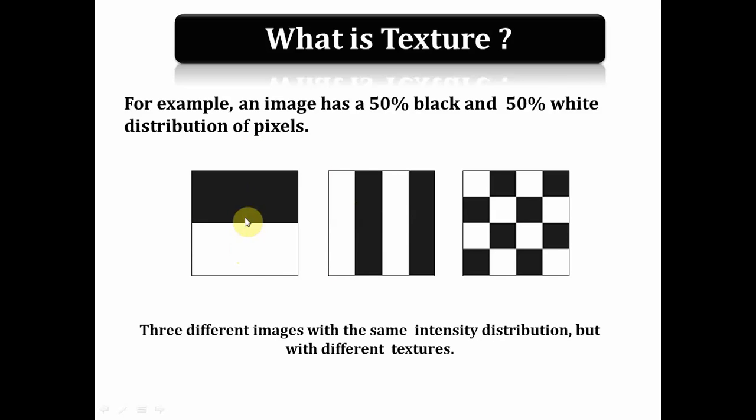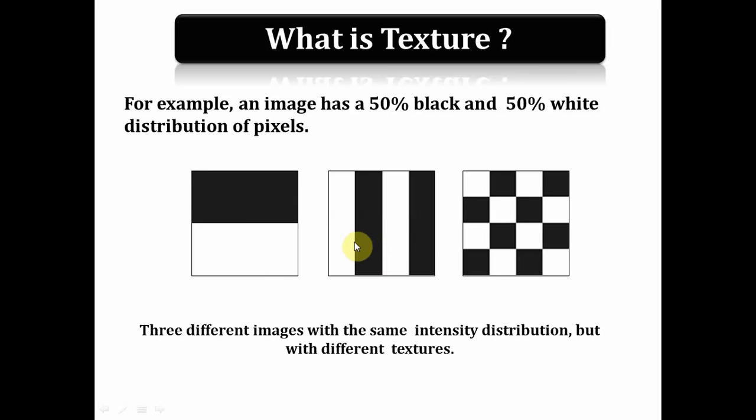If you consider the first image, the black pixels are located in this spatial area of the image, and the white pixels are situated like this. So 50% of your area is covered by black pixels and 50% by white pixels.